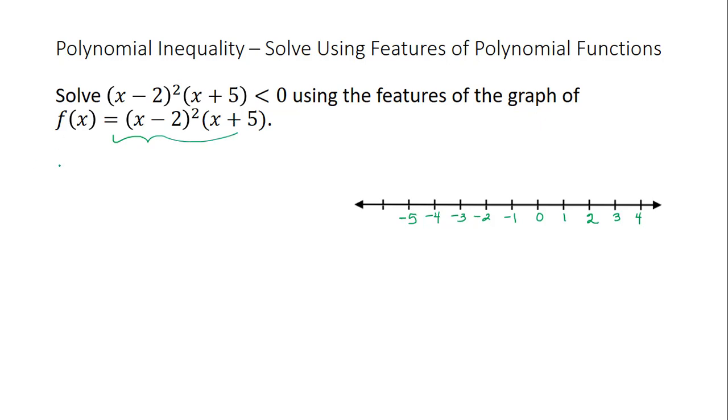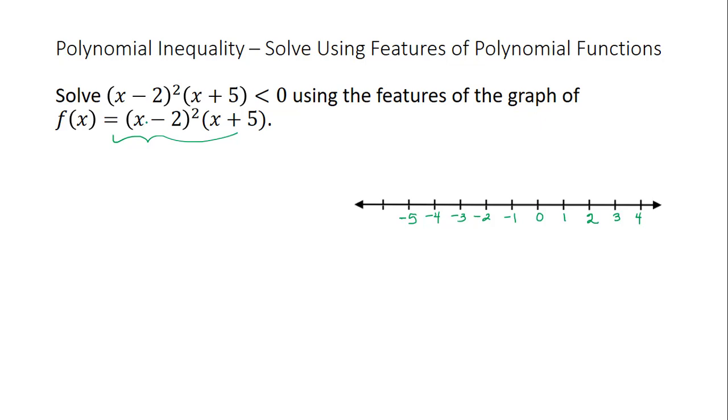If we know the degree and leading coefficient, then we know the end behavior of this particular function. Think about what the degree is. Remember that we can look at the product of the leading terms of each factor to figure out the degree rather than multiplying that whole expression out.